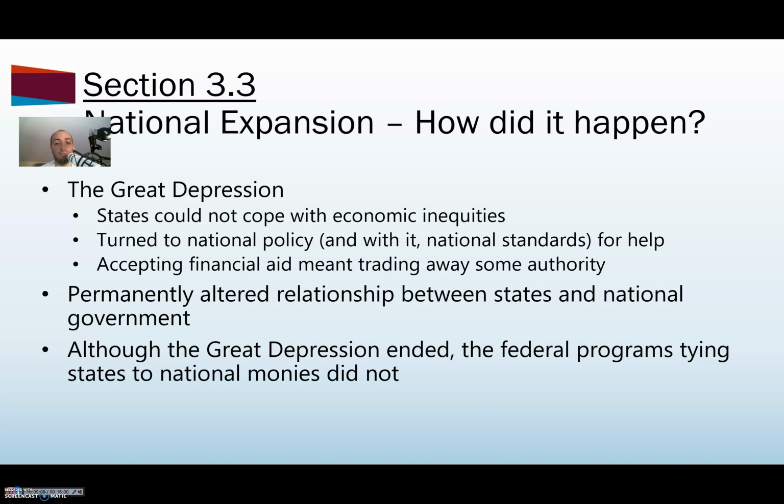So the federal government had to almost take over completely and force them to do certain things, certain laws, certain mindsets to fix itself. It turned to a national policy because they couldn't allow the states to go bankrupt. So the national government took them all on and told them all to follow the same rule set that forced them all to be able to withstand the brunt of the Great Depression. And that's how it changed.